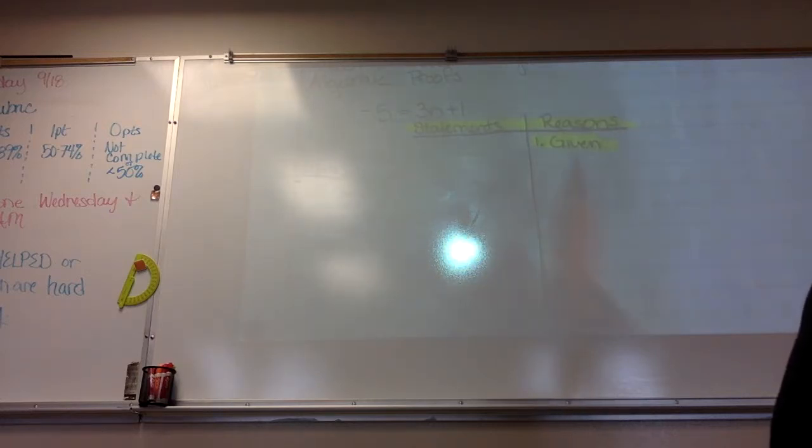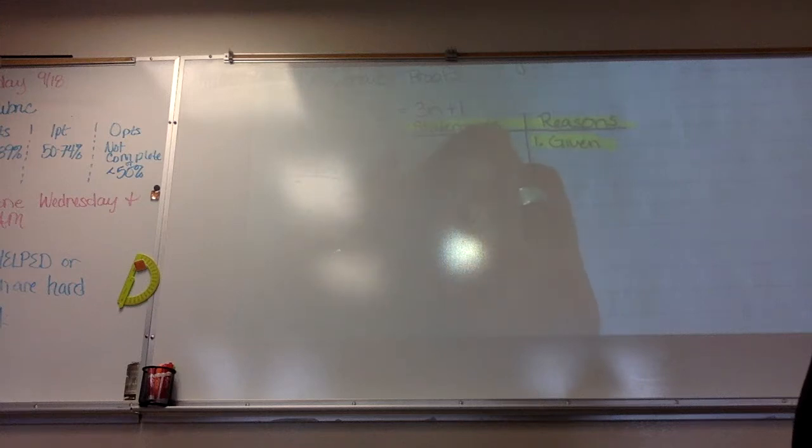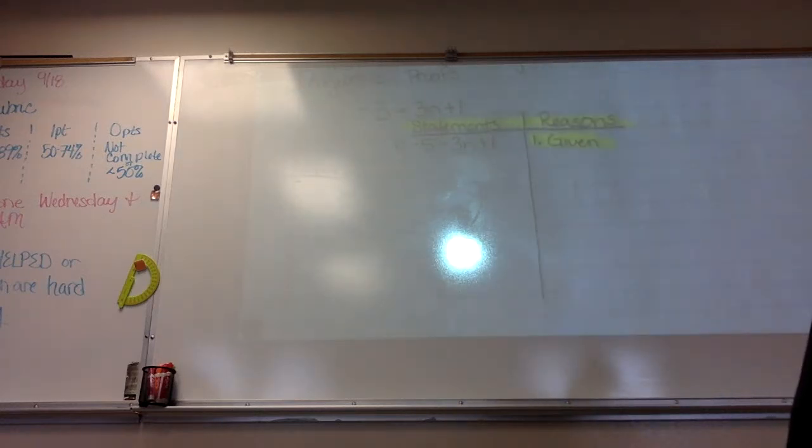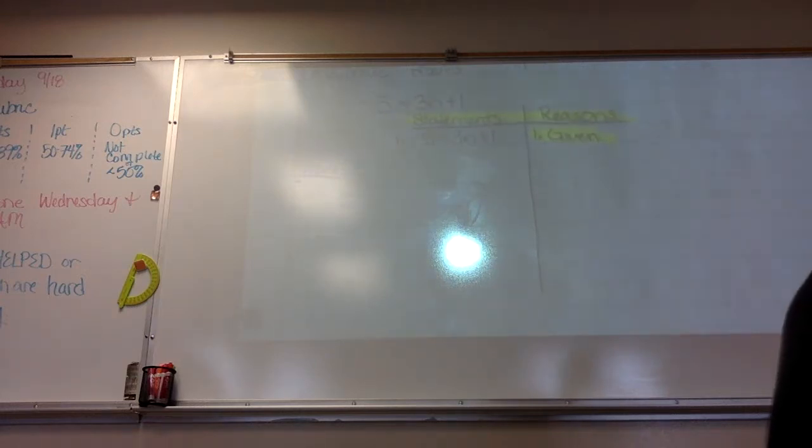So the first thing we do is think about what we've been given. And in this case, it's -5 equals 3n plus 1. Now the statements are what you did for the beginning of the year. The statements, that's old hat. It's the reasons that we'll focus on. Reasons can come from 3 places.